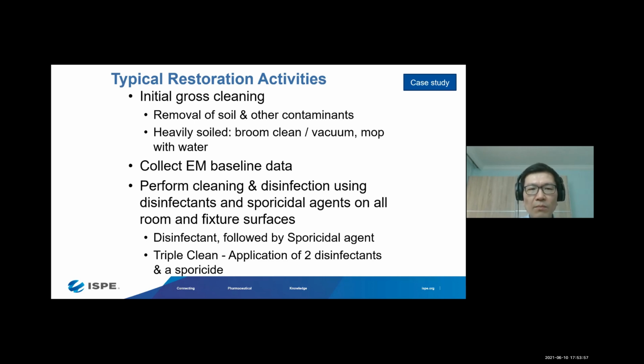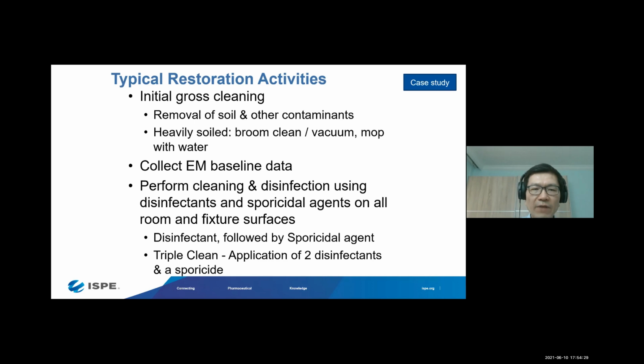After that, you will perform the cleaning and disinfection using disinfectants and the sporicidal agent on all the room and fixture surfaces. The sequence typically is to use a disinfectant first. As Walid mentioned, disinfectants typically have more surfactants, and as a result have better cleanability compared to the sporicidal agent.